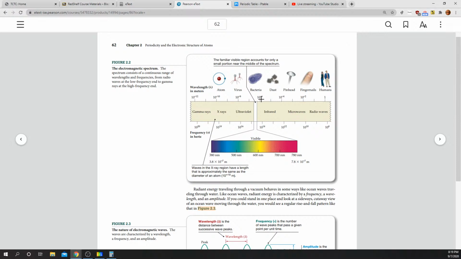Wait, I had it wrong. 10 to the negative 6th means it is higher in wavelength, so it is going to be 2000 nanometers. There we go. So it is going from 10 to the negative 7th down here in the ultraviolet up to somewhere in the infrared. So it will completely cover the visible spectrum.